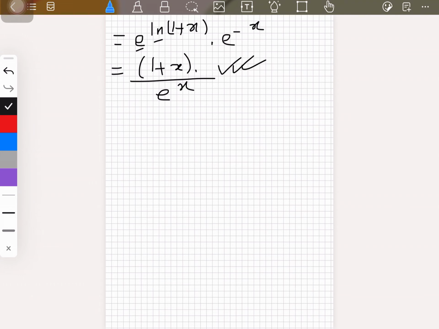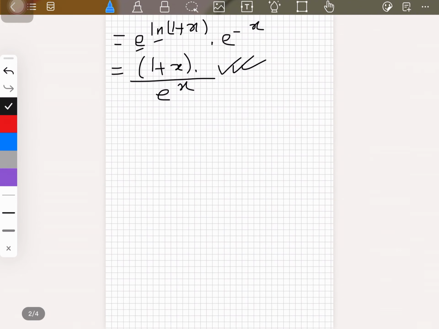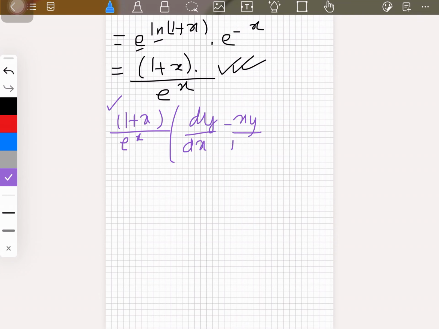Now you multiply this thing with the standard equation. Let's change the color of the pen, and this is the beginning of a new step. 1 plus x over e to the power x multiplies dy over dx minus xy over 1 plus x is equal to 1 over 1 plus x times 1 plus x in bracket, and that multiplies this term.